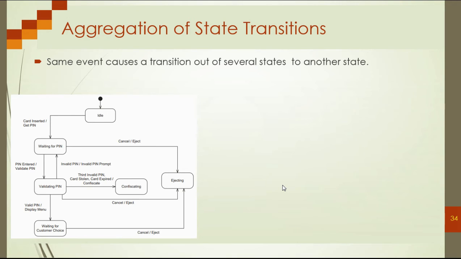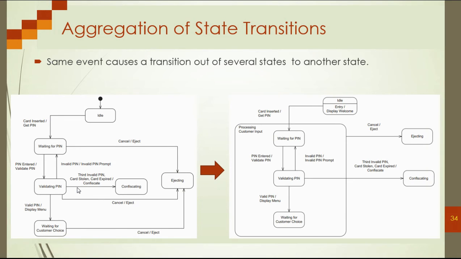Aggregation of state transition. So what do we mean by aggregation of state transition? If you notice in this example, after we combine these three states into a composite state, we have three states as substates, and we also have two states here that are the destination out of these three states.